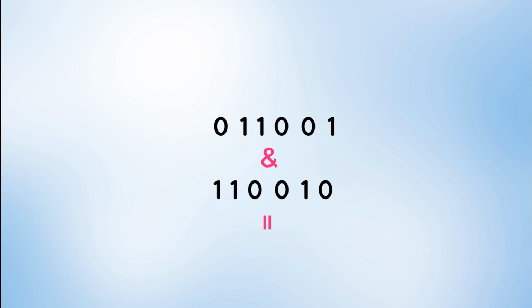In the first pair, since one of these is 0, we put a 0. In the second one, both of them are 1s, so we put a 1. In this one of them is 0, so we put a 0, and we keep doing this until eventually the resultant AND operation would yield 010000.